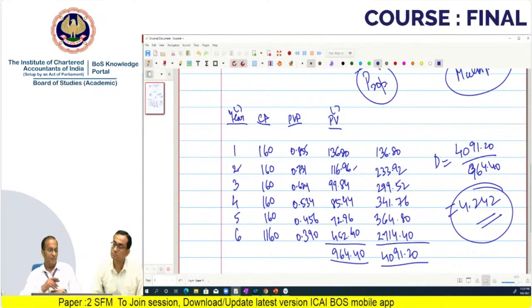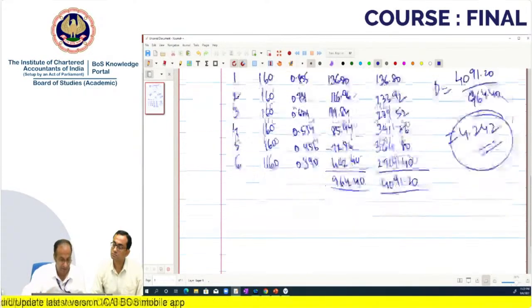Now I am coming to another aspect, that is convexity adjustment.